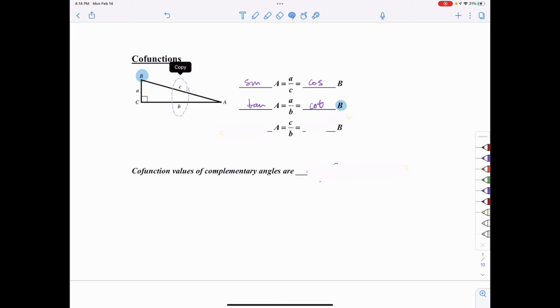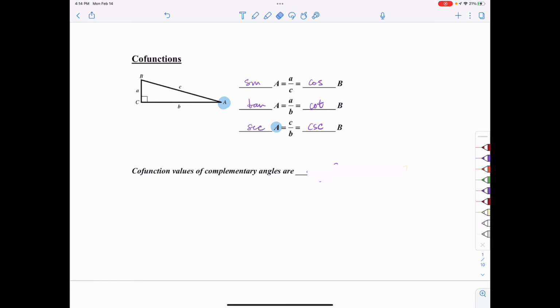If you remember, this is the cosecant. Let's switch our focus over to angle A. If I'm focused on angle A, C over B is going to be the hypotenuse over the adjacent. So that's going to be secant.